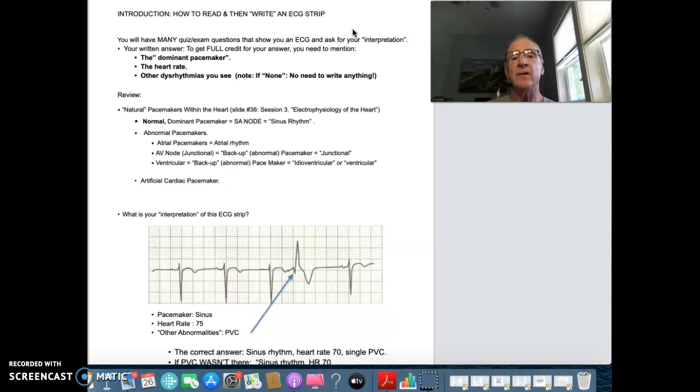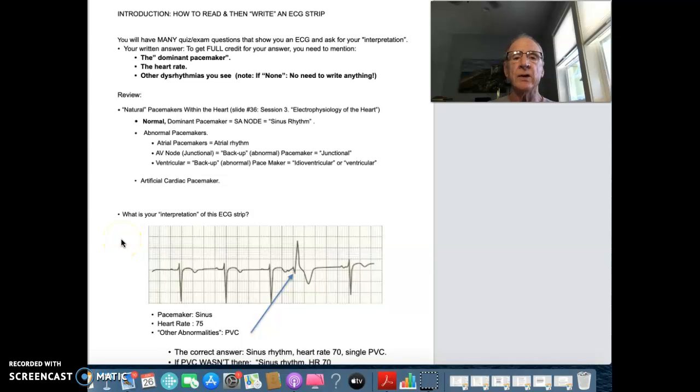And when the junctional pacemaker is dominant, we call that a junctional rhythm. Ventricles also can produce pacemakers. When that happens, we call that rhythm idioventricular or just ventricular rhythm. And again, the artificial pacemakers are a smaller group, and we will go into their nomenclature when we get toward the end of the course.